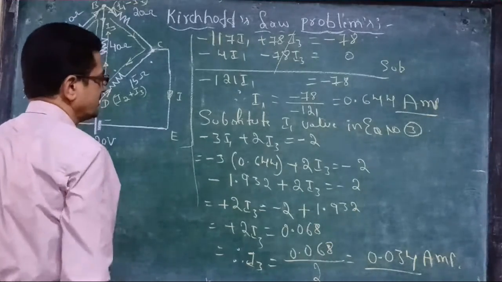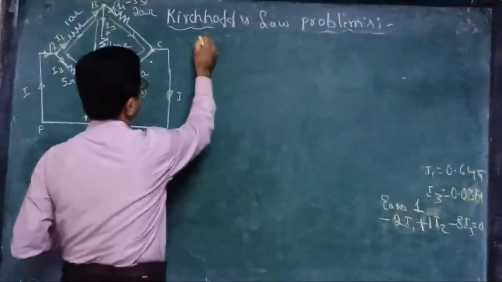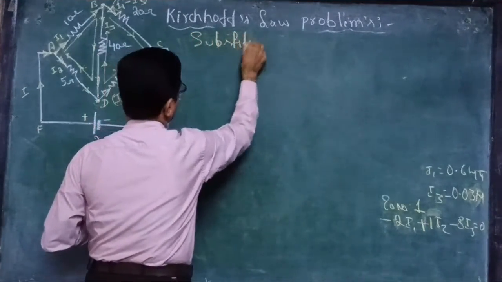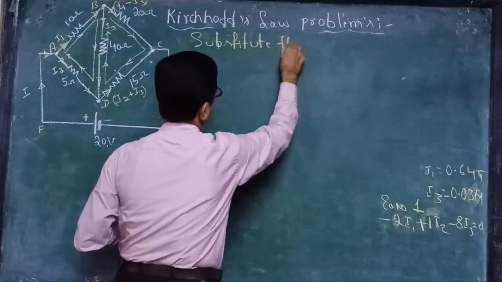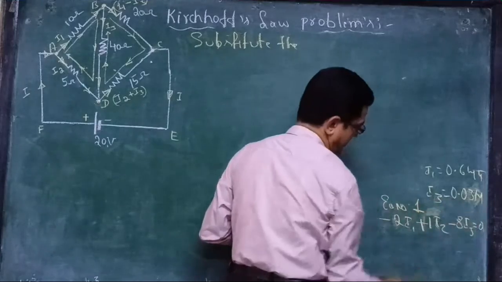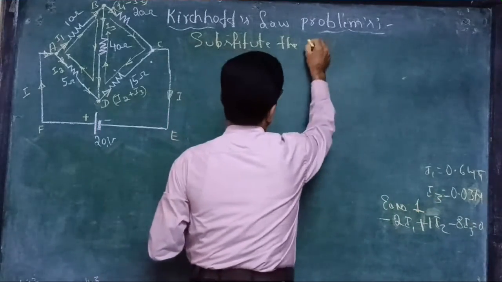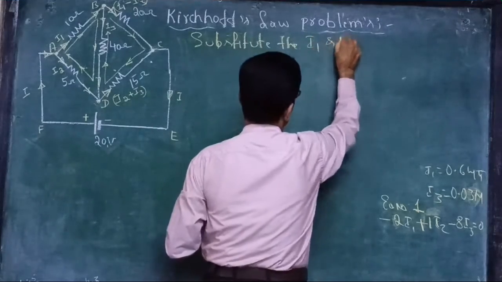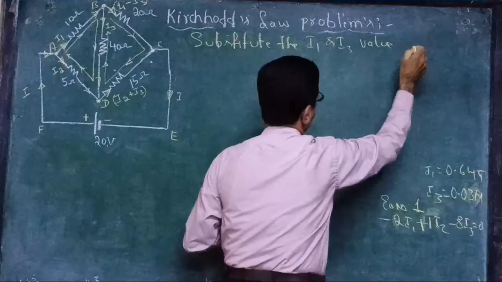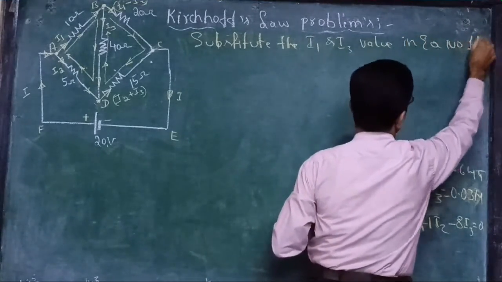So by using equation number 1, now substitute the I1 and I3 values in equation number 1.